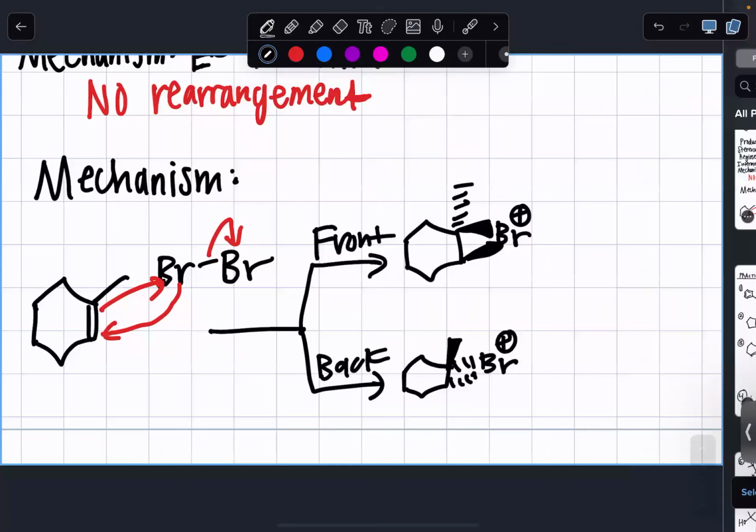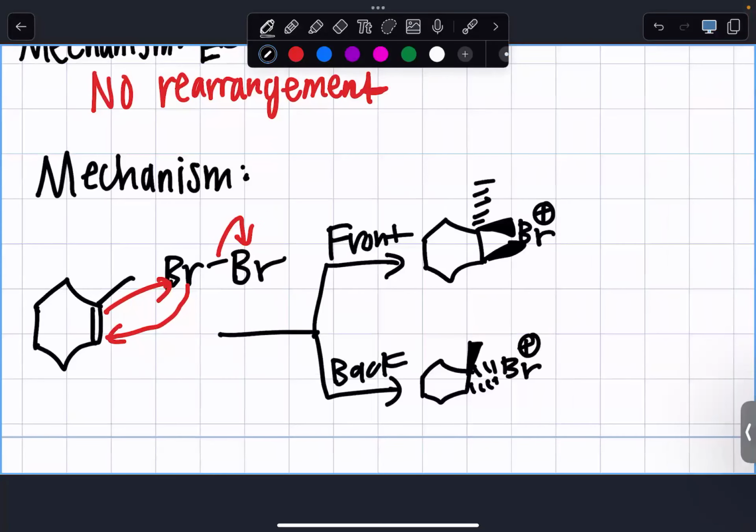Okay. So now let's say we had water in the mechanism. Wait, first, we know that the Br minus got kicked out, right? And we have water in the solution. Br minus seems like a stronger nucleophile because it has a full negative charge, and we learned that full negative charges are stronger nucleophiles than neutral molecules.